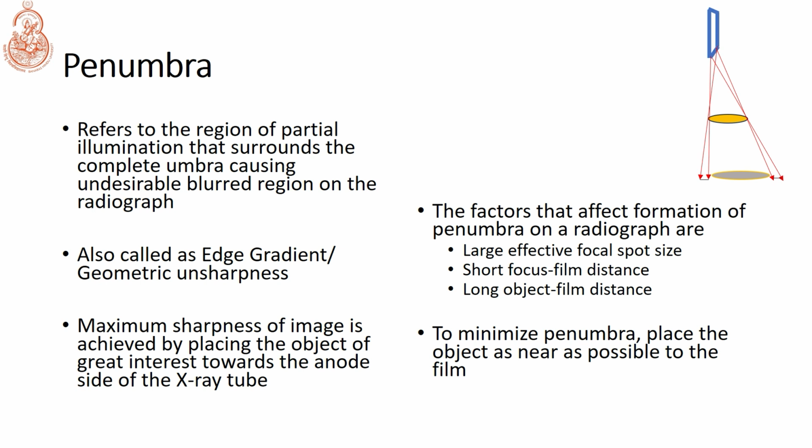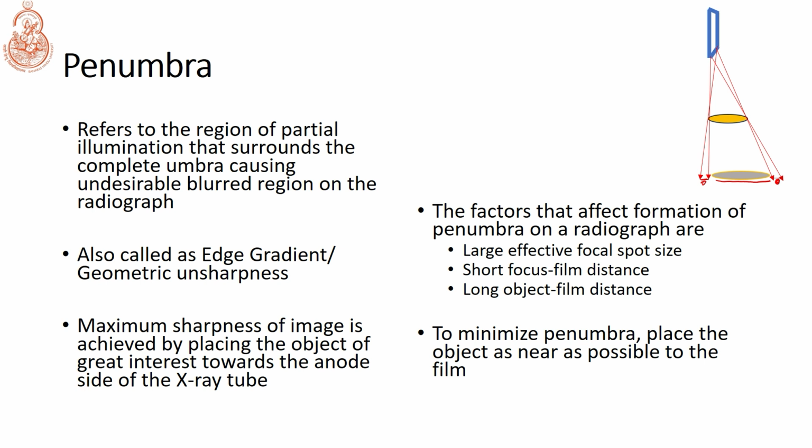So we are going to have two different deflections from this anode portion. When it hits the nearer area, we get an image here, and a second image will be formed on this side. This is called the penumbra.